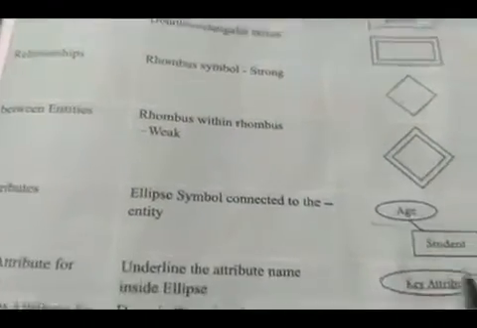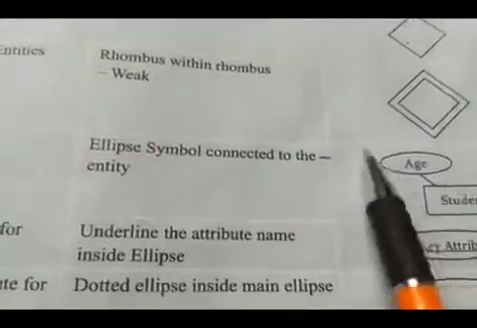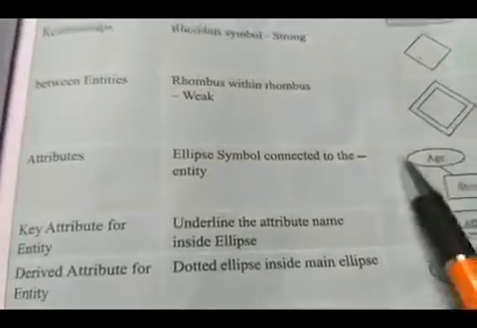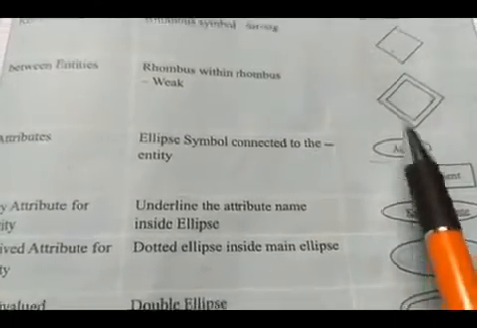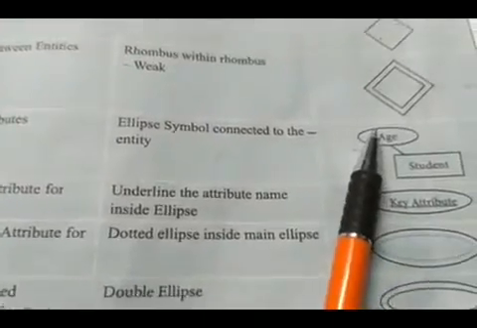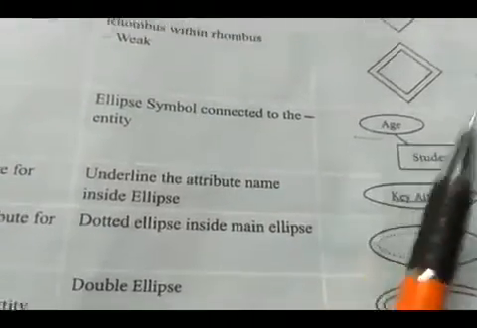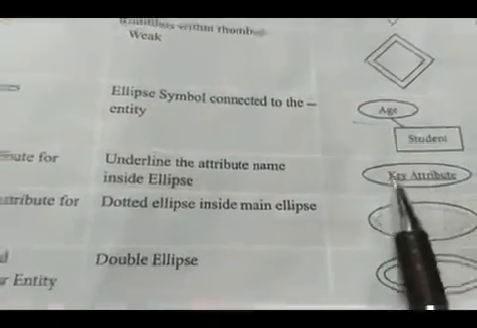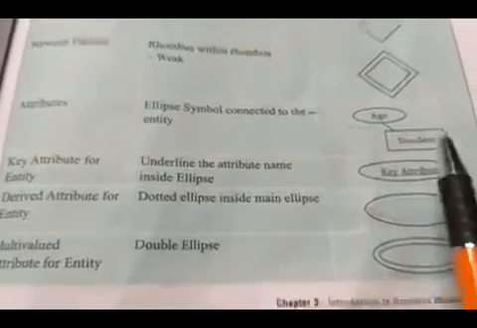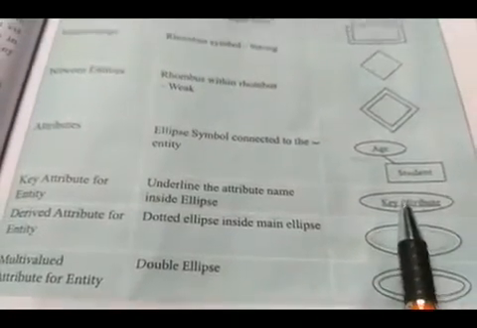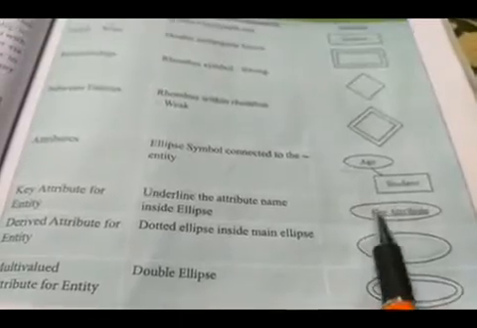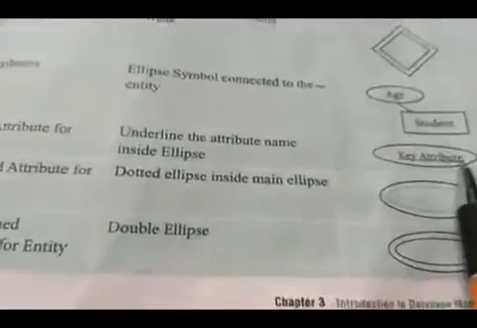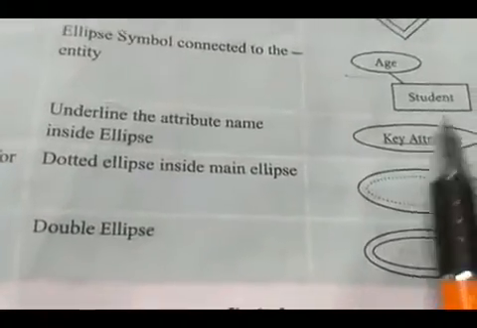The ellipse is represented as an attribute, and here the ellipse symbol is connected to the entity. And then key attribute, that is, if it is a primary key, it must be represented with an underline of the values.